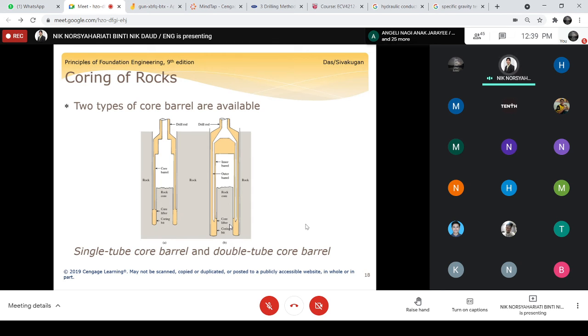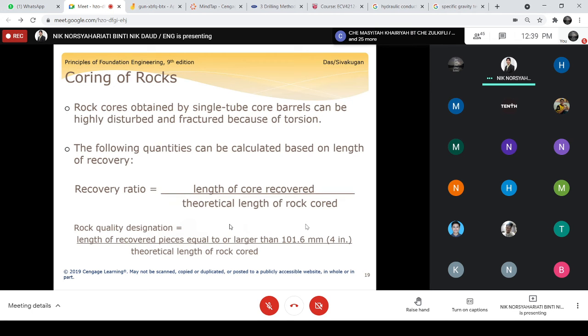But of course, the explanation is nearly similar to the previous soil sampling, right? For rock coring, if the rock cores are obtained by the single tube, they say it can be highly disturbed, and most of the fractures in the rock are because of torsion, not existing fractures.